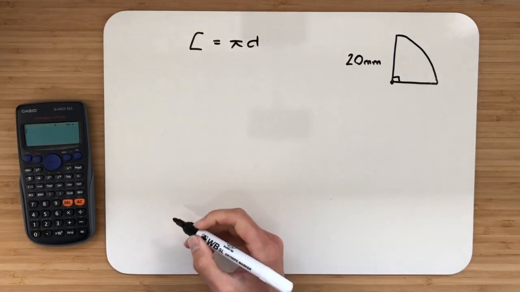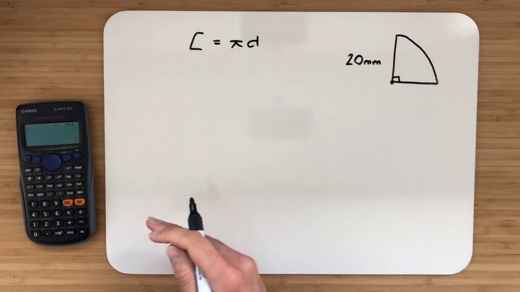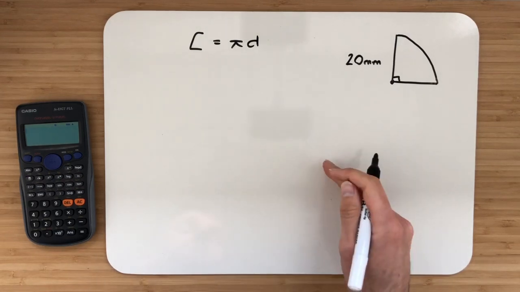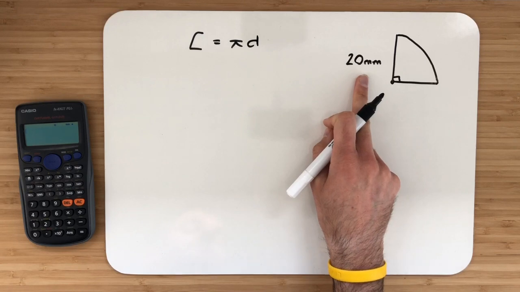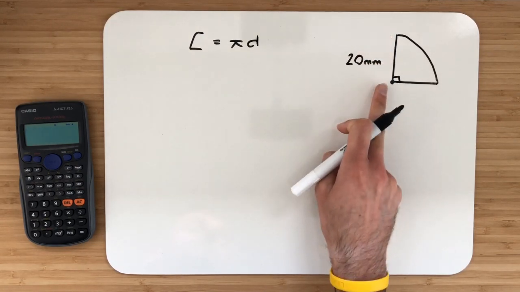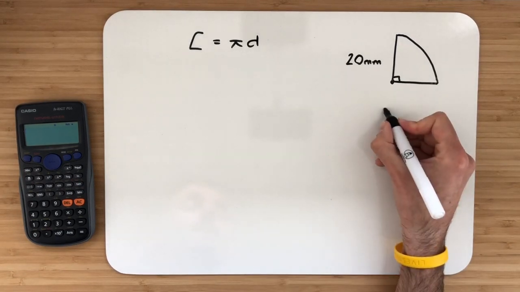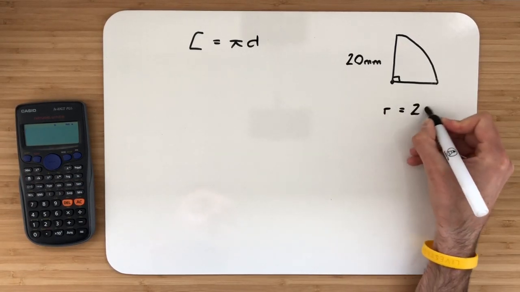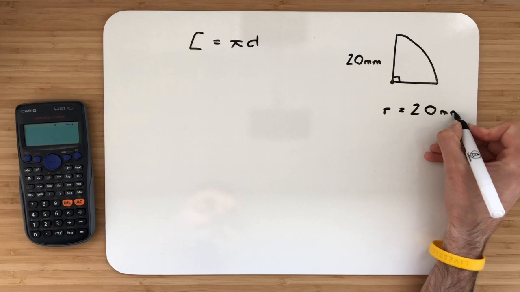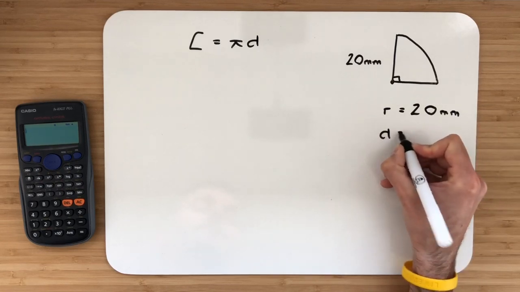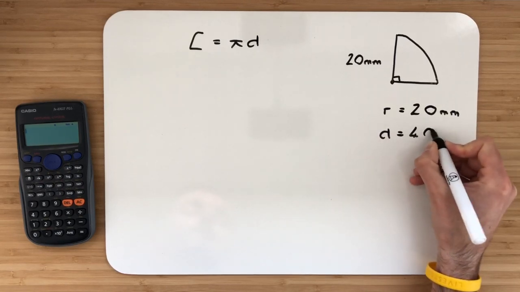Now, the letter D represents a diameter which goes from edge through the centre to another edge. This clearly doesn't. This goes from the edge of the circle to the centre, so that makes this a radius. So we have a radius of 20 millimetres, which means our diameter is 40 millimetres.